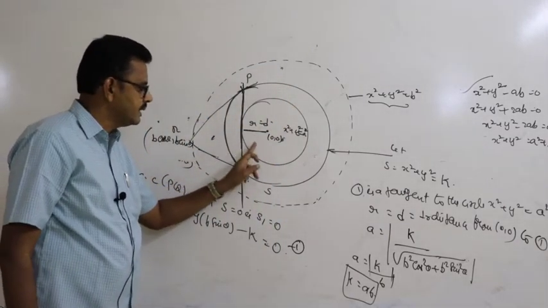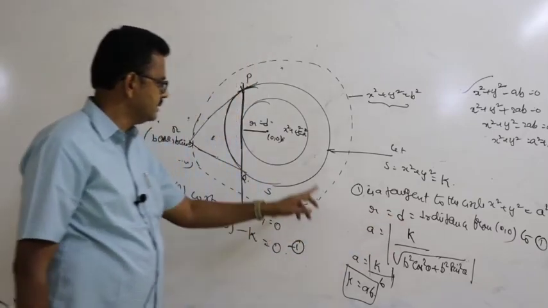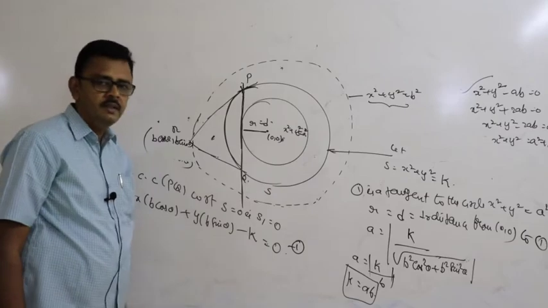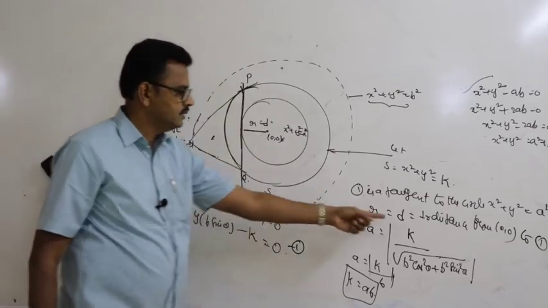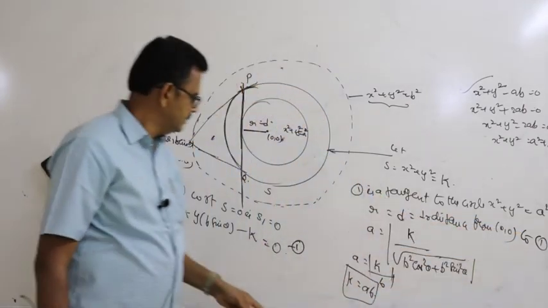So the condition for tangent is r is equal to d, where r is the radius, that is a, and d is the perpendicular distance from the center 0, 0 to the tangent.